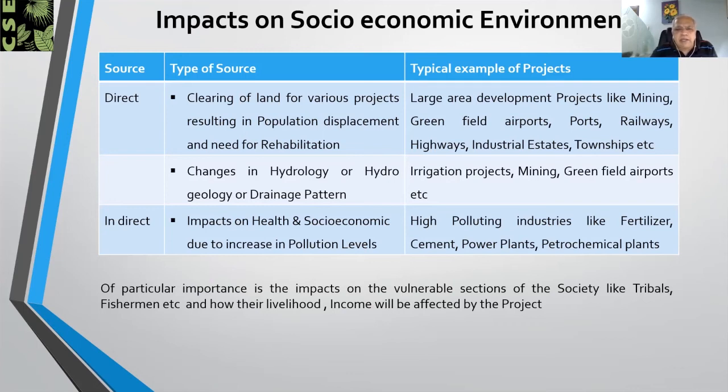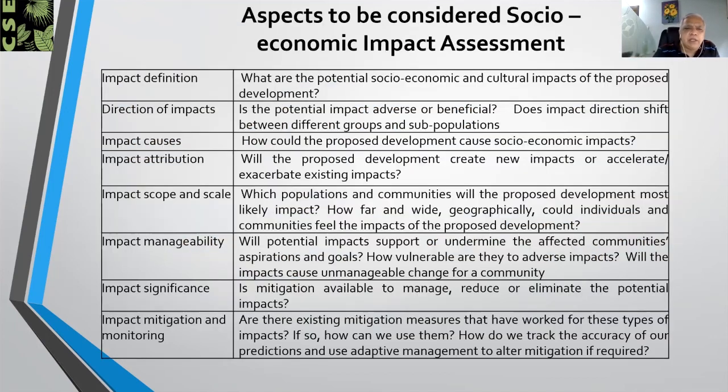And there might be indirect effects on the health and socioeconomic status due to the increase in pollution levels. Again, as I mentioned, the knowledge of the vulnerable sections of the society and how they can be impacted due to the project is very much essential while trying to evaluate these portions.